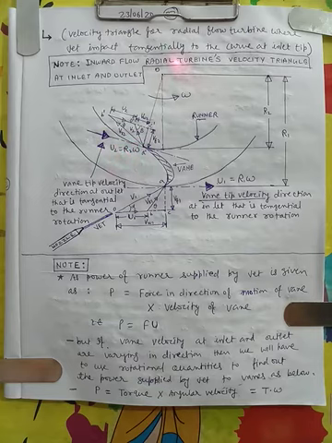And suppose the runner is rotating with angular velocity omega. So U1 will be R1 omega, because this is R1, this radius, this is the center of the runner, and the distance of the tip from the center is R1. So R1 omega will be U1, and the direction of U1 will be tangential to this. And this is R2, the distance of the outlet tip from the center of the runner.